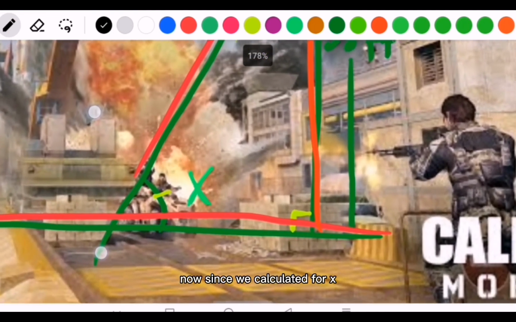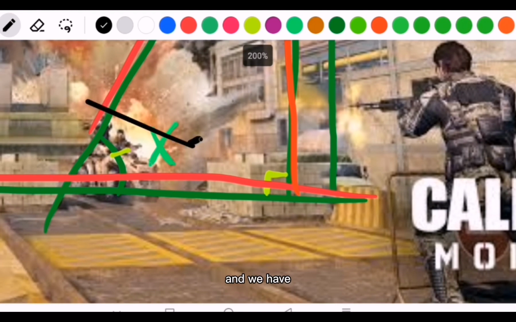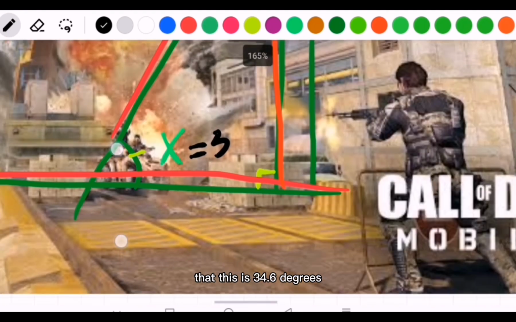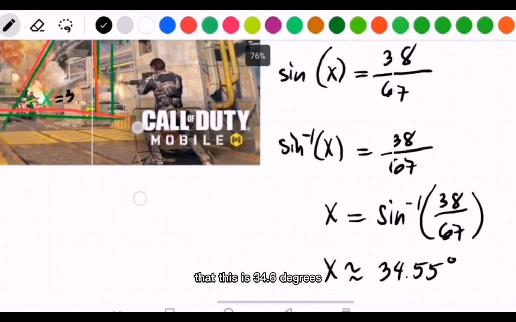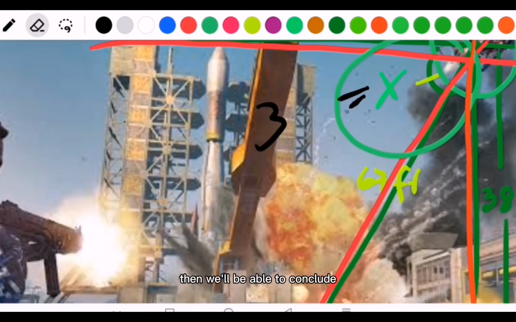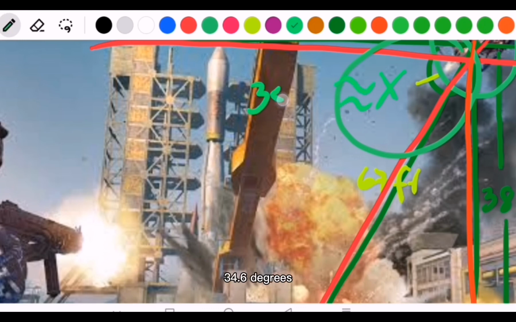Now, since we calculated for X and we have found out that this is 34.6 degrees, then we'll be able to conclude that the angle of depression is approximately equal to 34.6 degrees.